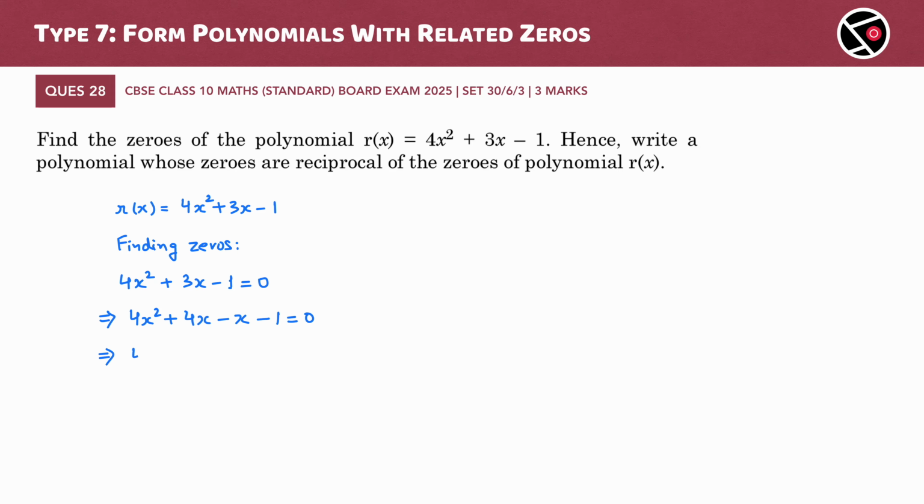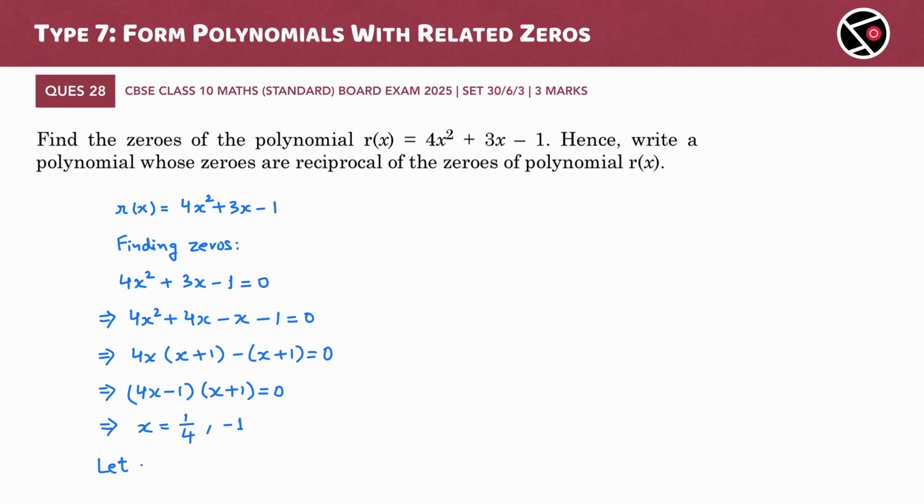We have 4x times x plus 1. We pull out minus 1 from the last two terms. We have minus, x plus 1. And this equals 0. x plus 1 is common in both terms. 4x minus 1, times x plus 1 equals 0. Or x equals 1 over 4 or minus 1.